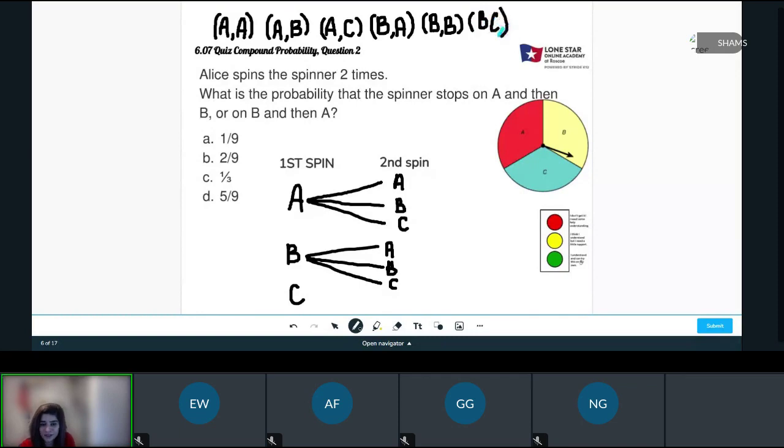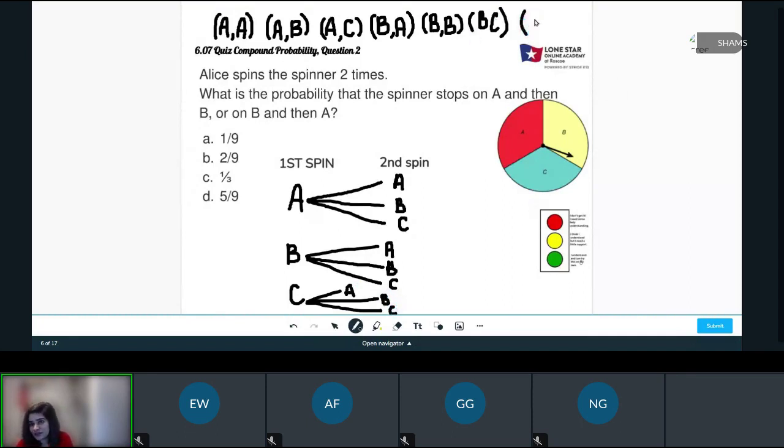And so on. We will be creating those three outcomes from letter C. 1, 2, 3. It could either land on A, B, or C. And we will go ahead and complete the outcomes also.